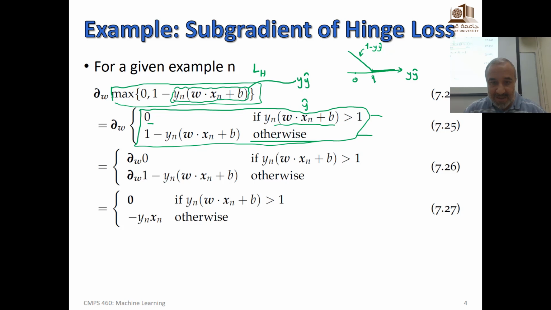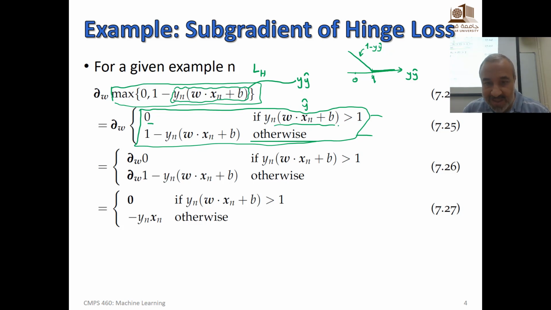So, in this definition, we added the point when y hat is 1 to one of these two branches. Which one? Which branch? The upper branch or the lower branch? This is y hat greater than 1, right?